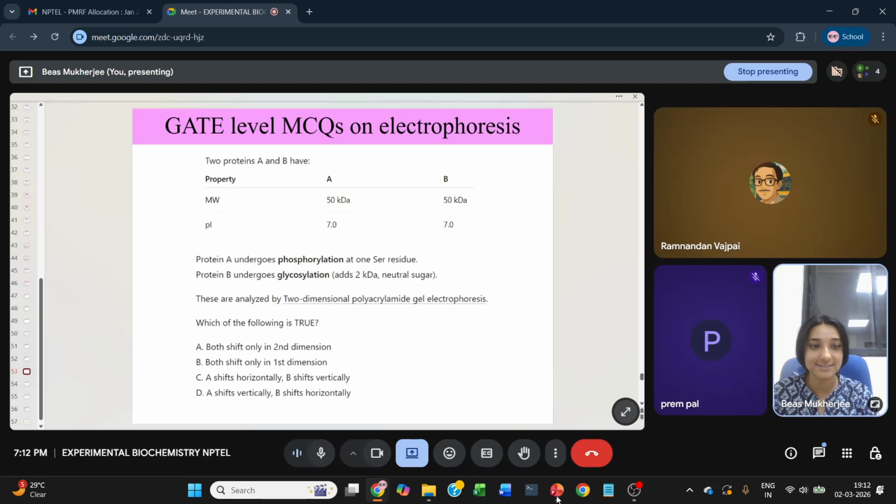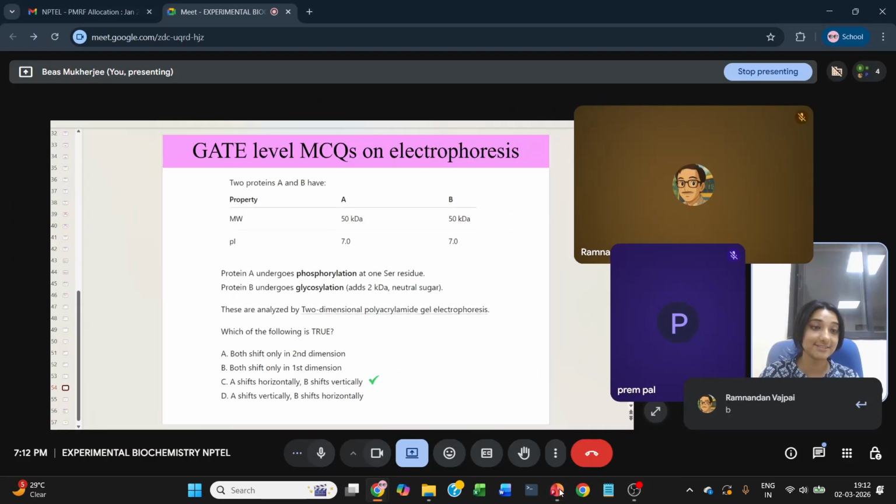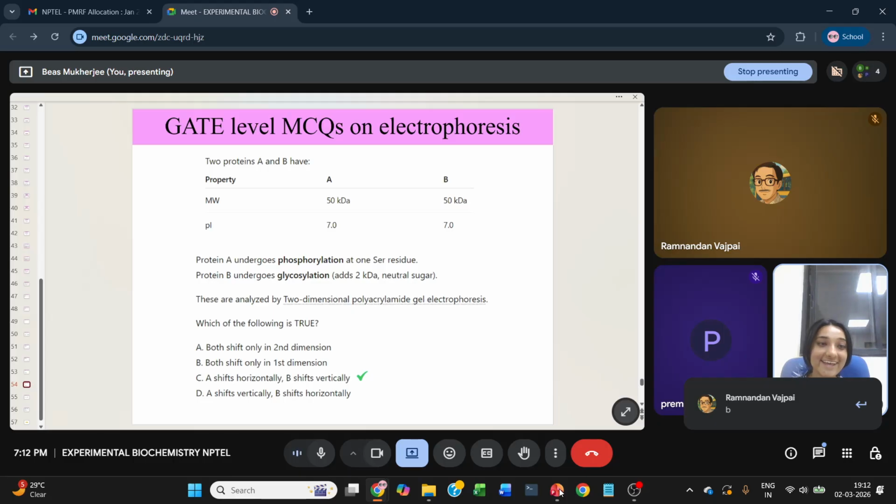Okay, let's see. C is the right answer. So both of you are wrong. So why is C the right answer? Because for A, remember phosphorylation is getting added. So there is no change in mass, but then there is change in charge. That is why it is going to show different migration in isoelectric focusing, and that is happening horizontally.